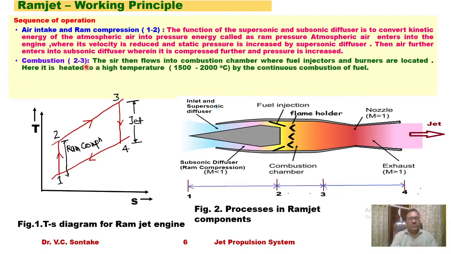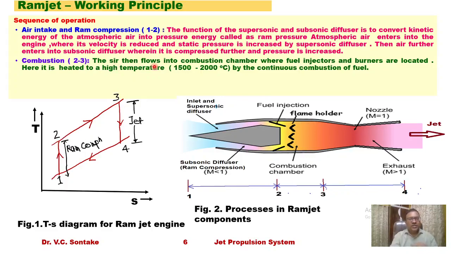Then combustion process 2 to 3. It is represented on temperature entropy diagram by a curved line, and it takes place in the combustion chamber from 2 to 3. And this process is generally considered as isobaric process.